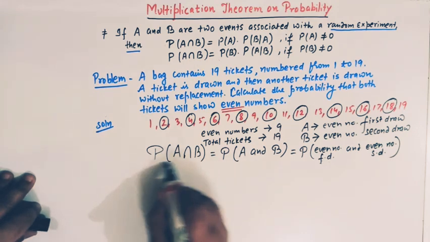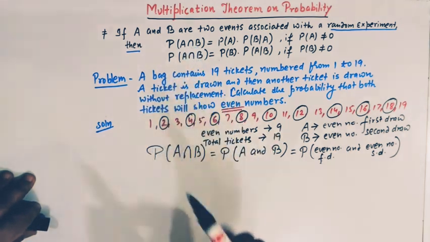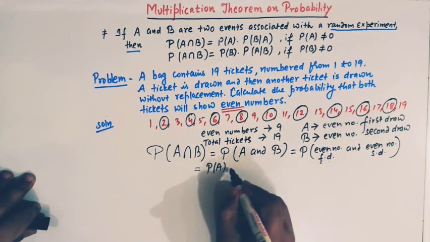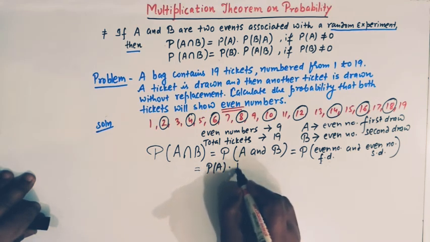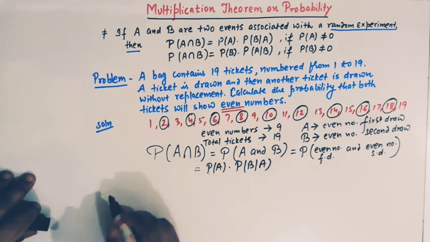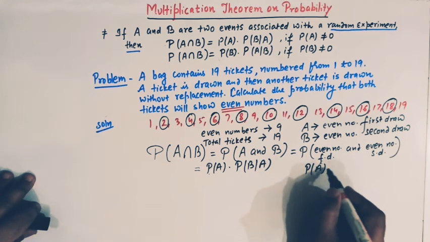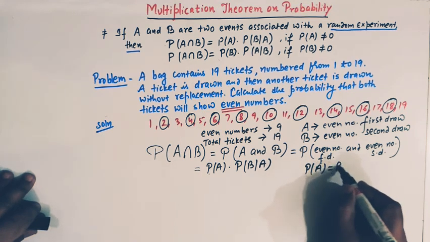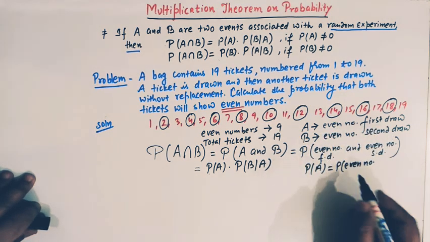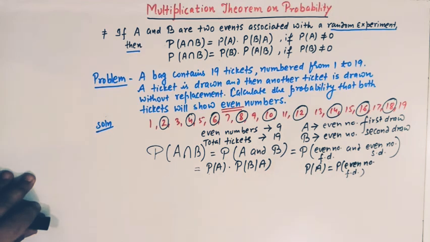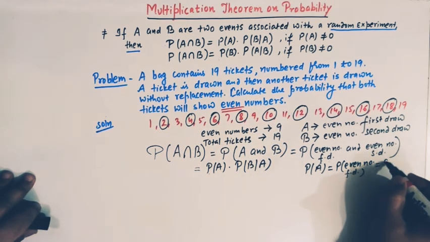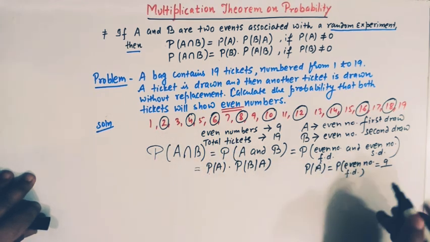So now if we apply this rule, then we'll have P(A) multiplied by P(B|A), right? So what is P(A)? P(A) is the probability of getting an even number in the first draw. So how many even numbers are there? We have 9 and the total number of tickets is 19.